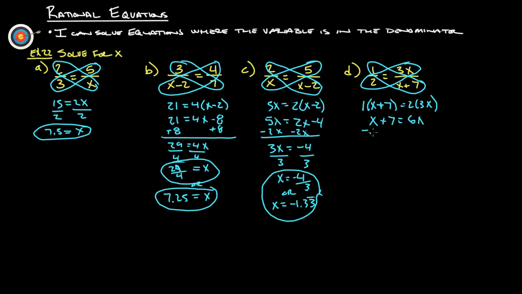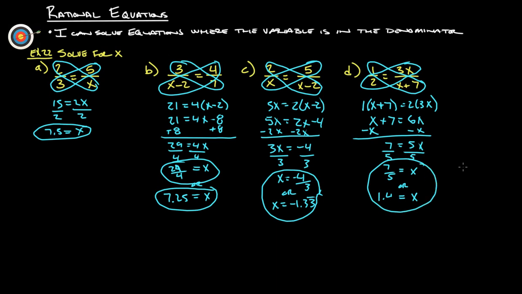Let's move the x over. Subtract x, and we get 7 equals 5x. Divide by 5, and we get x is 7/5, or x is 1.4. Again, either one of those would be just fine.